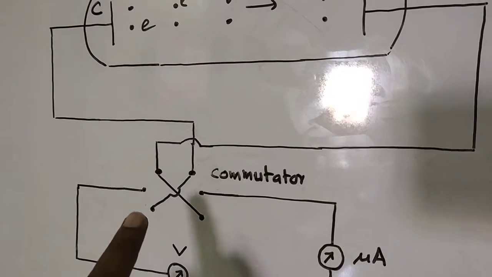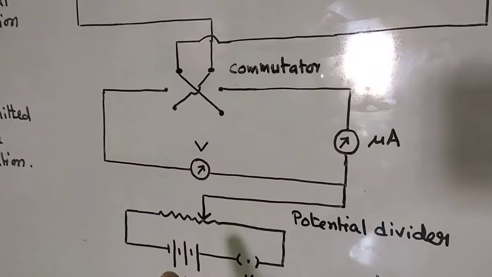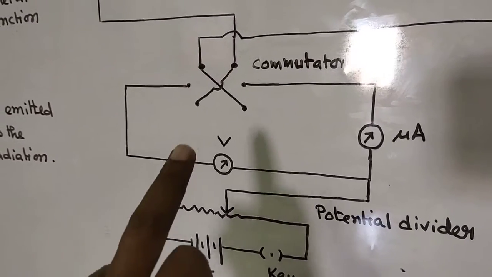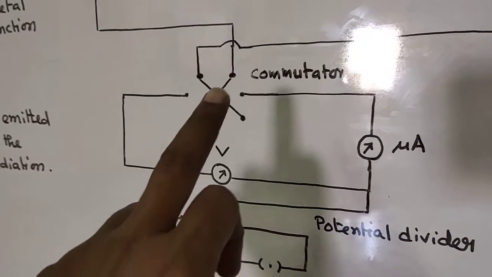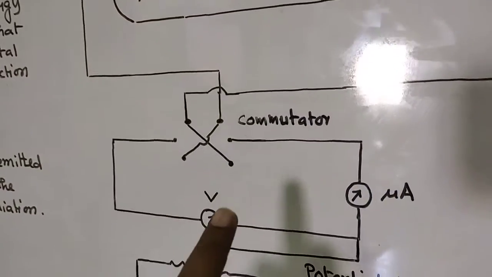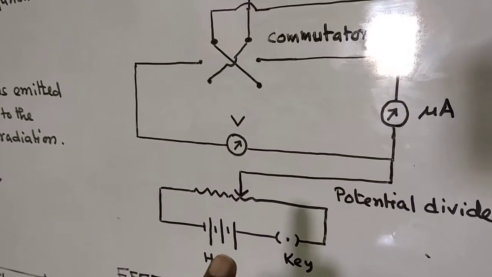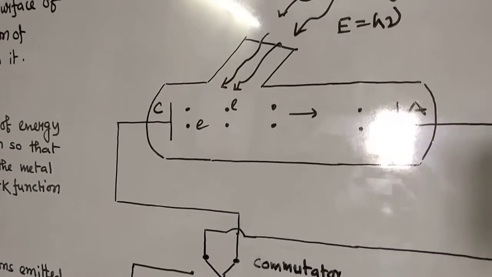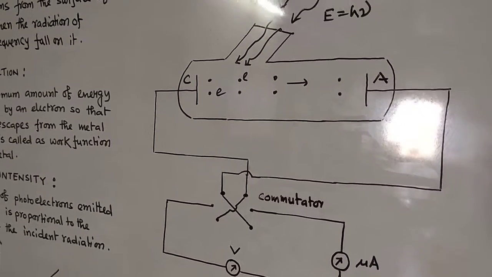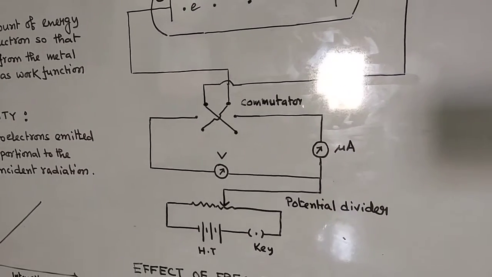If you connect this one to this end, then this one becomes negative, and this one is nothing but your cathode. And when you connect this one here, this part is positive. So you can increase or decrease the potential of cathode and anode by the use of the potential divider.